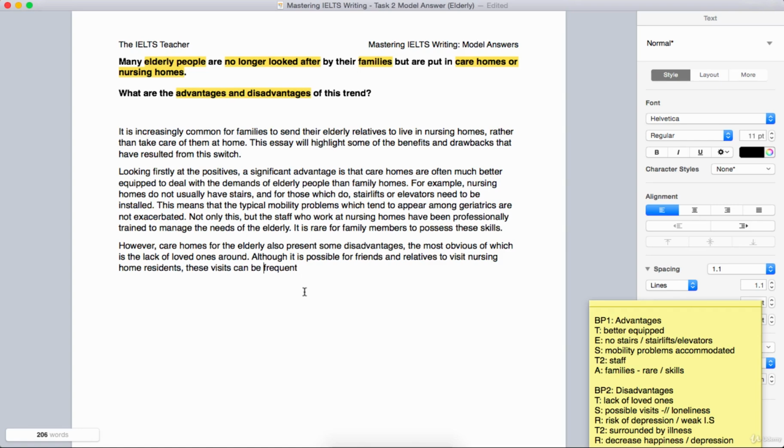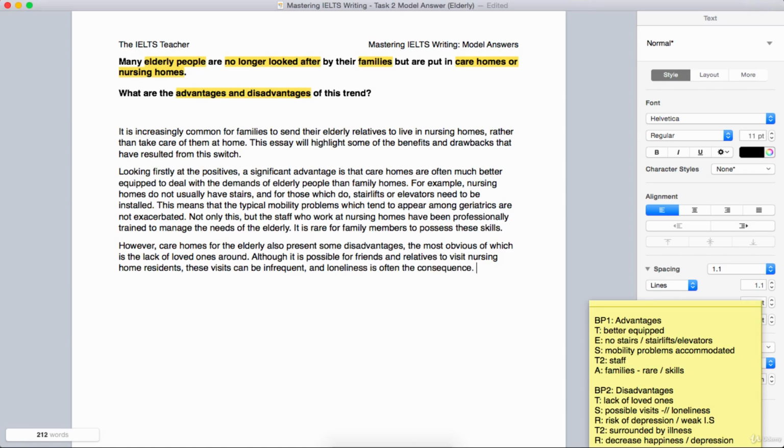Is it an un? Is it an im? Is it an in? Hopefully you're telling me it's an infrequent. These visits can be infrequent. Another comma here. And loneliness, just like in the plan here, loneliness is often the, what's the word for a negative result?